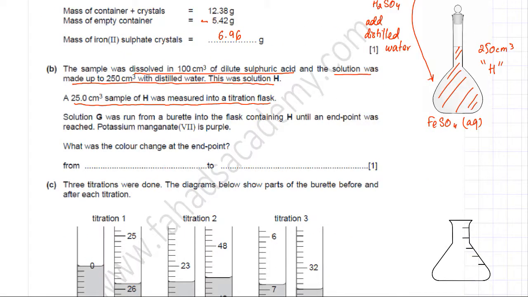Here is my conical flask, which is also called a titration flask, and I'm going to transfer 25 cm3 of this FeSO4 into this flask. H is basically FeSO4 aqueous. So we took a tiny amount of the 250 cm3 solution, only 25 cm3.